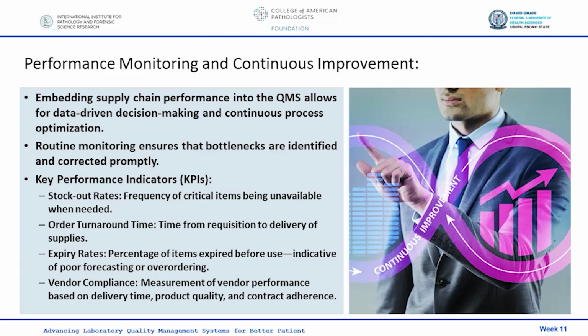Poor forecasting is that you're not even forecasting the quantity that will be enough. So you're over ordering because there's poor forecasting. Vendor compliance is another key performance indicator. This measures the performance of the vendor based on delivery time, product quality, and contract adherence.